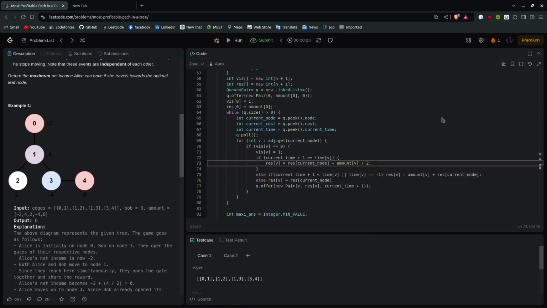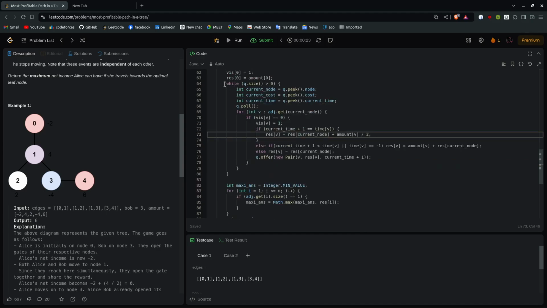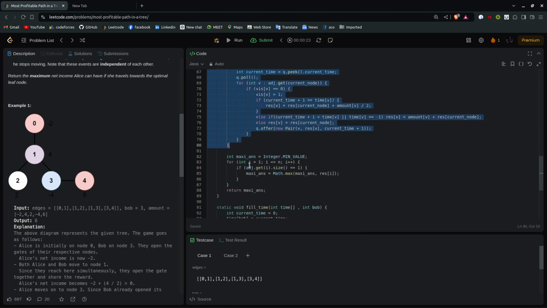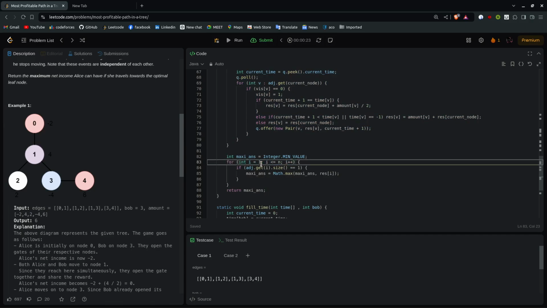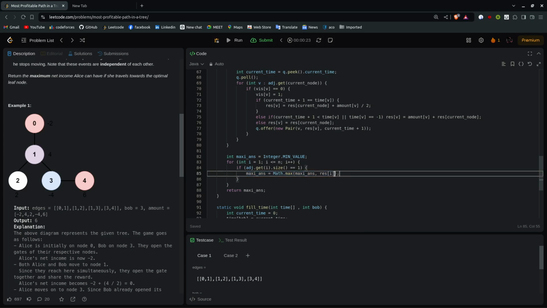And then whenever our resultant array is computed, we go to each and every node from 1 all the way till n, and if it is a leaf node, then we compute the maximum answer out of all the leaf nodes.